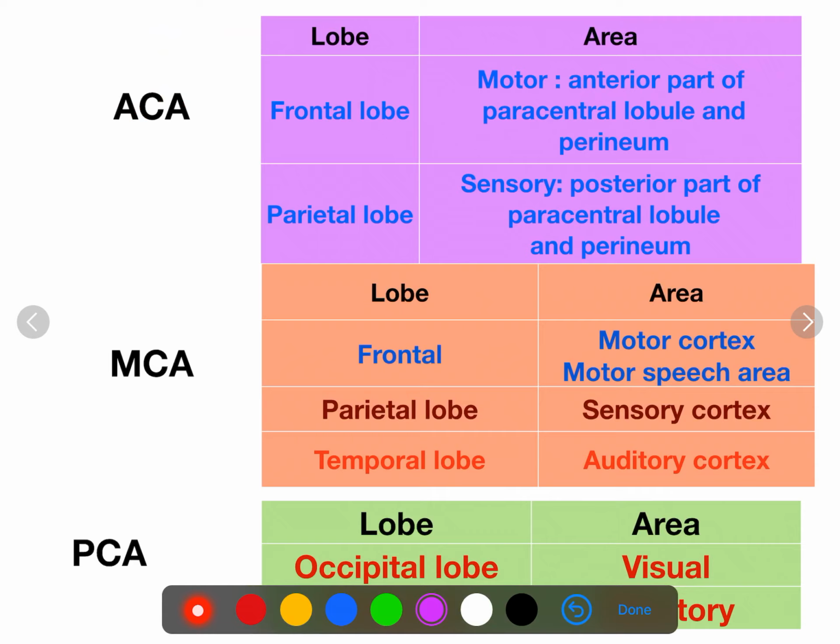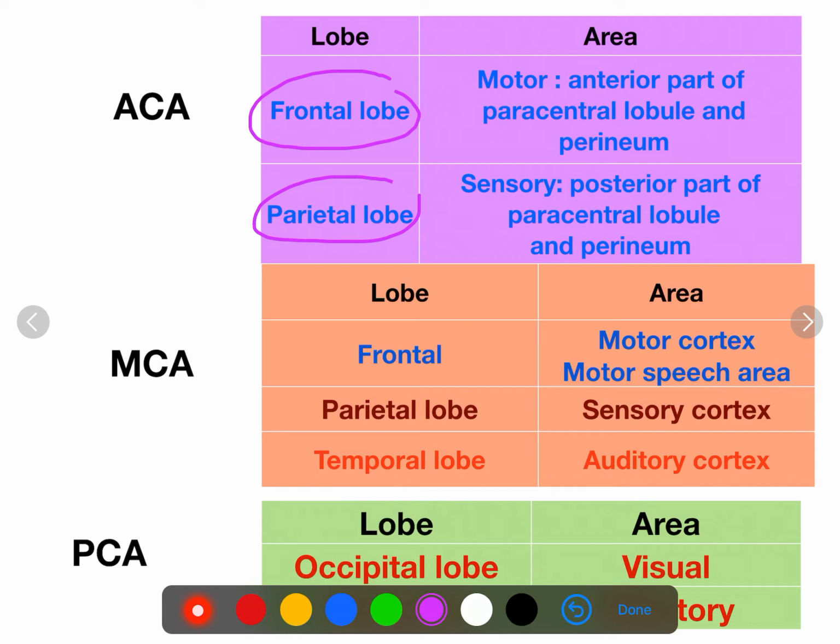So this is about the blood supply by the middle cerebral artery and all three arteries, and this is the summary of all three cerebral arteries, the affected lobes and the affected functional areas. In the anterior cerebral artery, the frontal lobe will be affected, the paracentral lobule, medial surface, and parietal lobe also, that is the sensory cortex over the medial surface.